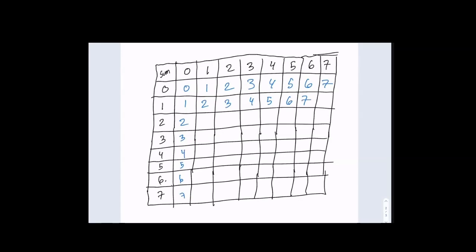And it's when we get to that next space where things are going to get a little bit different, okay? I'm going to hold off on those ones right there. 3, 4, 5, 6, 7. 4, 5, 6, 7. 5, 6, 7. 6, 7, 7.